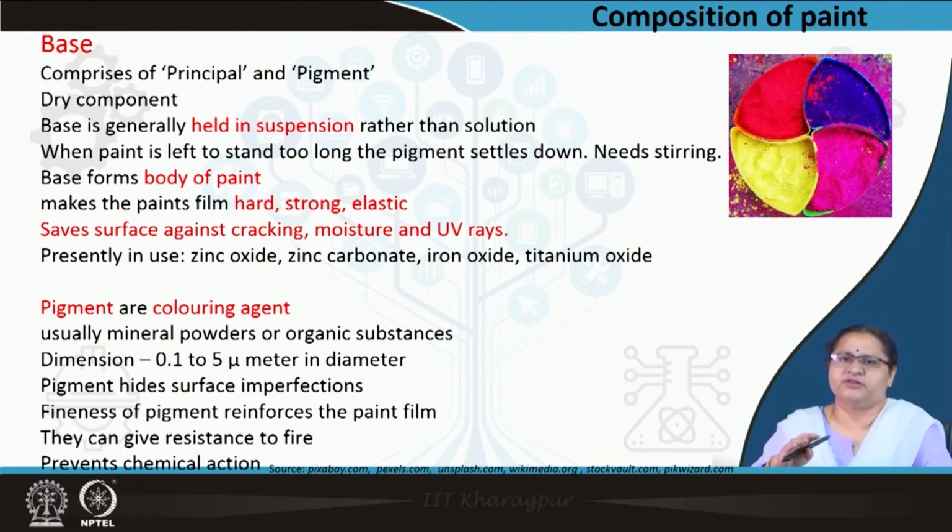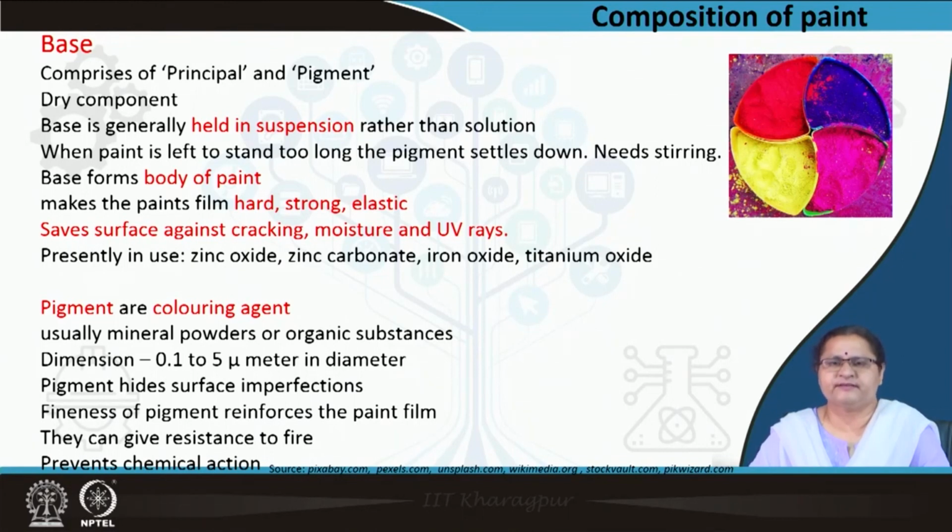This base goes into the vehicle or the carrier. So, this base actually saves the surface against cracking, moisture, ultraviolet rays, because that is the major part which is visible. What you see is actually the base and the pigment or the coloring agent.